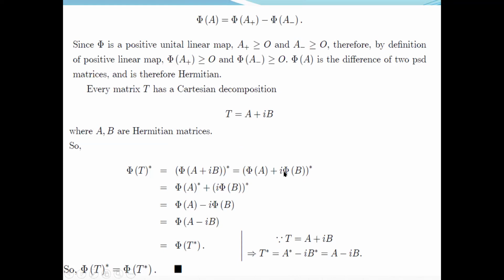This is phi of A plus iota phi of B, then star. This is phi of A star plus minus iota phi of B star. This comes out to be phi of A minus iota phi of B. Again, by linearity, we can take phi outside. So this is phi of A minus iota B, so phi of T star. So from here, we see that every positive unital linear map is adjoint preserving. That is, phi of T whole star is the same as phi of T star.